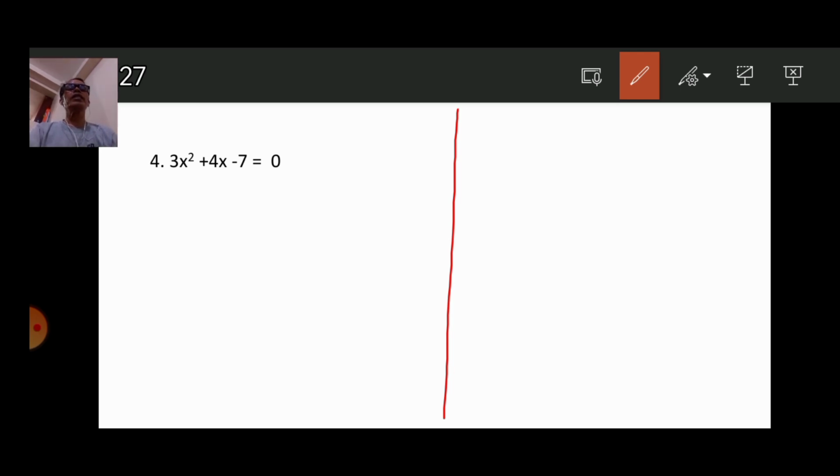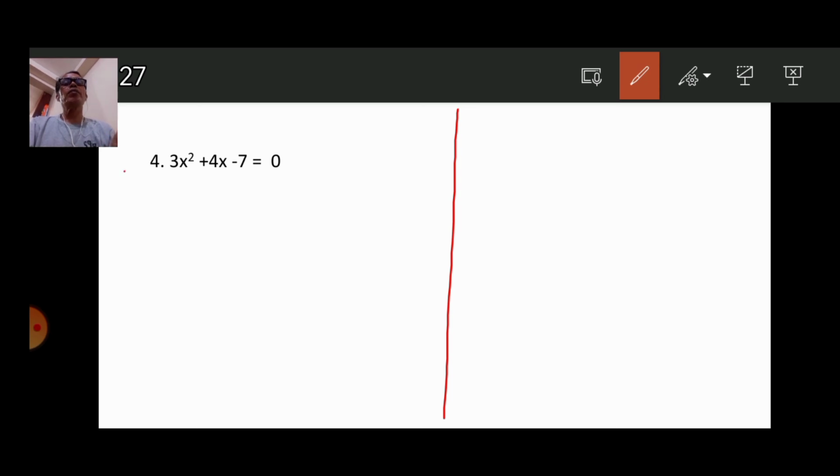So this is done by trial and error if you are going to use factoring. But it would be easier for you if you use the quadratic formula if you are not so familiar with factoring. But since I am familiar with factoring, I will solve the equation using factoring.